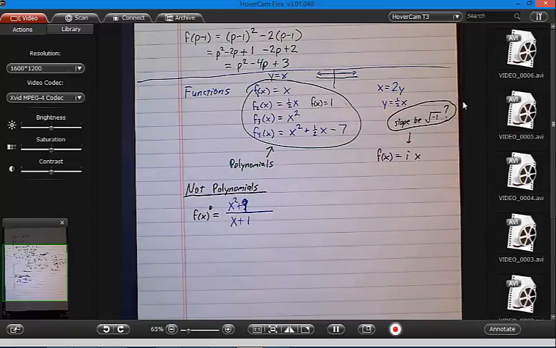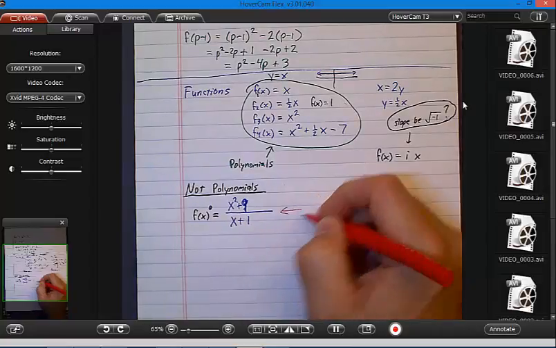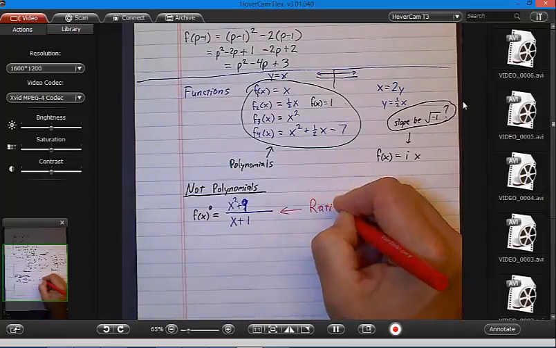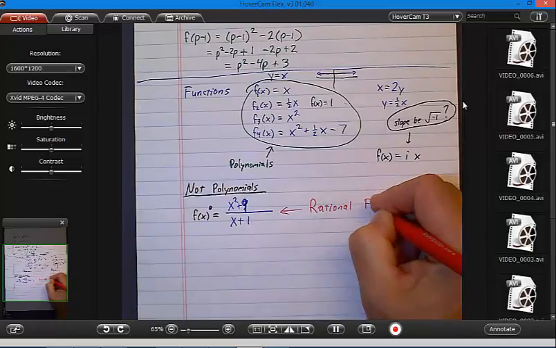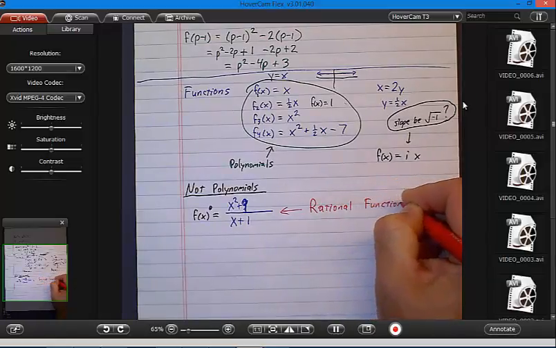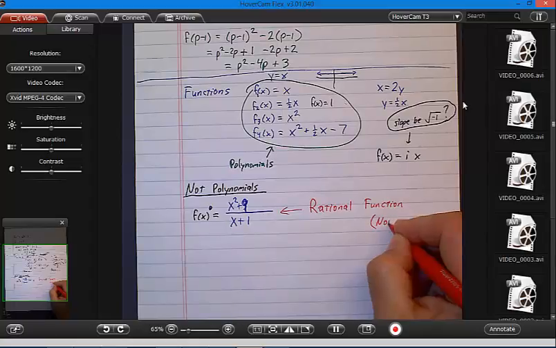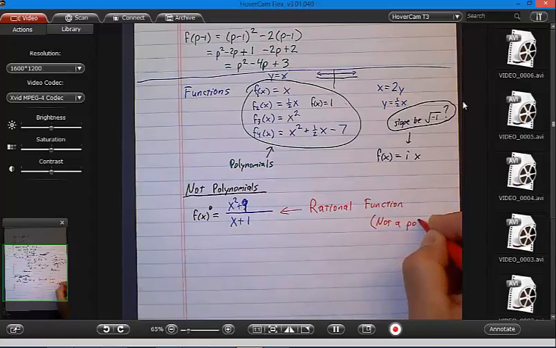Here, I took a polynomial and I divided by a polynomial. This is an example of what is called a rational function, and it is not a polynomial.